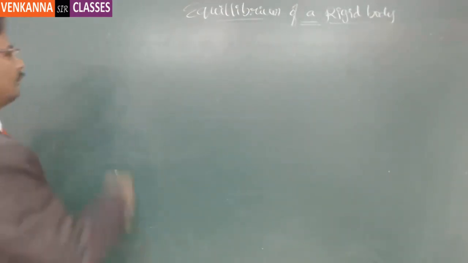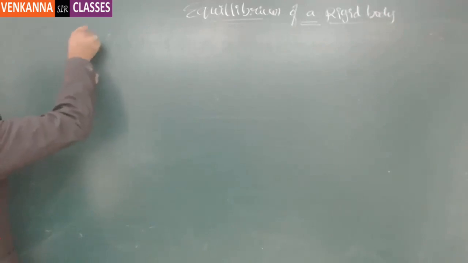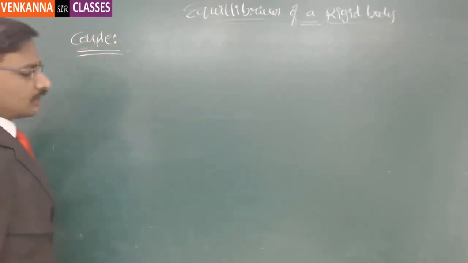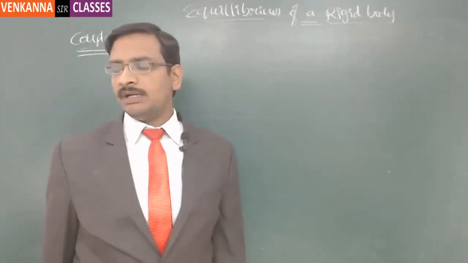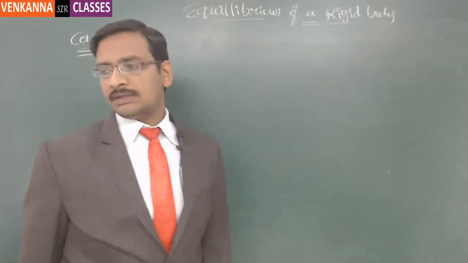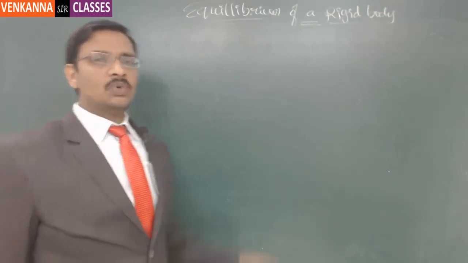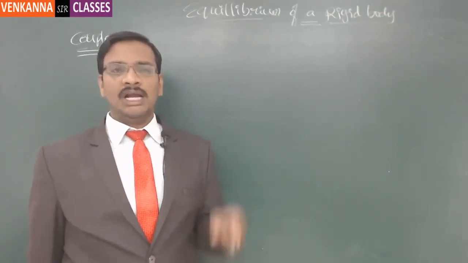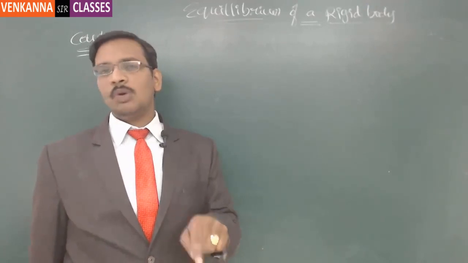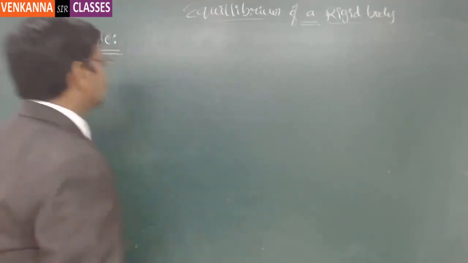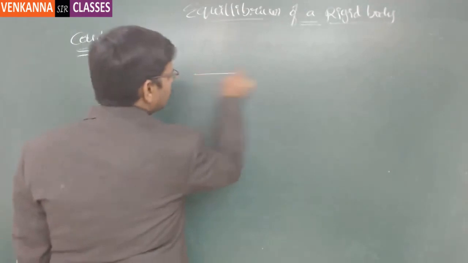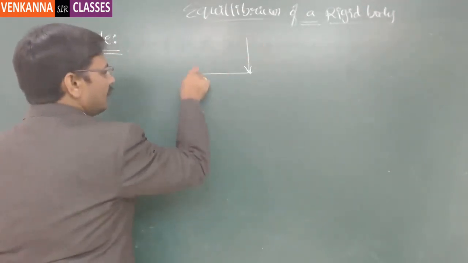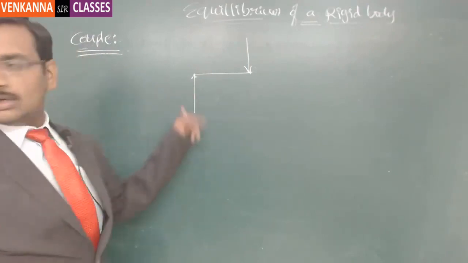Okay. And the next case is couple. Couple means forces always come together, but of opposite direction in nature. Here also, if there are two different forces of opposite sign acting on a body, it will definitely cause circular movement. Suppose I have a body like this, and a force acting downwards and a force acting upward.